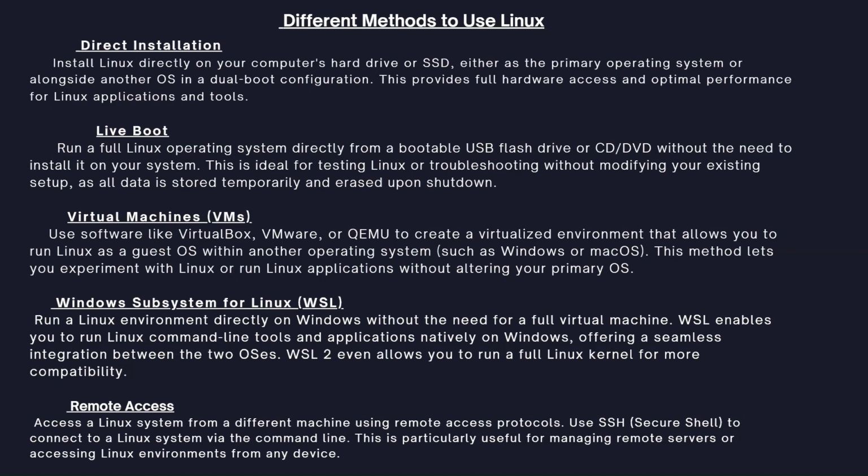The different methods to use Linux: the first method is direct installation. Install Linux directly on your computer's hard drive or SSD, either as the primary operating system or along with another operating system, like a dual boot configuration. This provides full hardware access and optimal performance for Linux applications and tools. So we download the operating system onto our hard drive or SSD and run it, or we dual boot it, running it alongside another operating system.